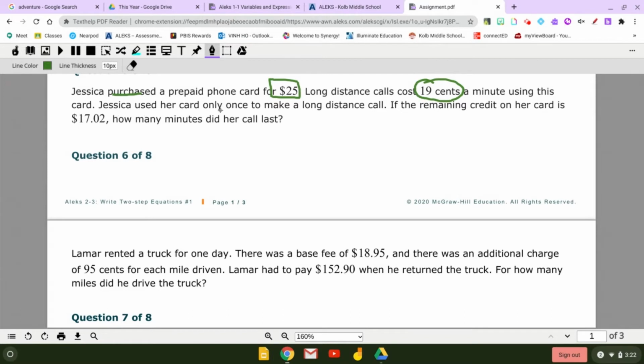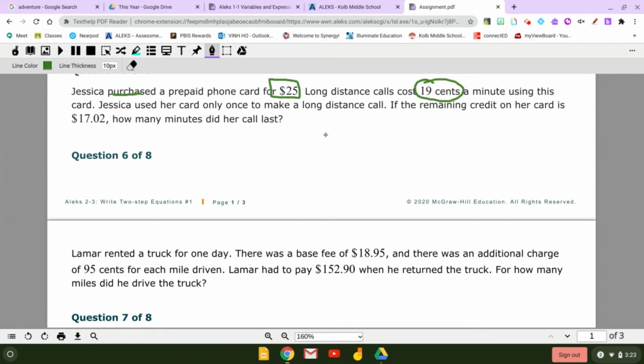Jessica used her card only once to make a long distance call. If the remaining credit on her card is $17.02, how many minutes did her call last?